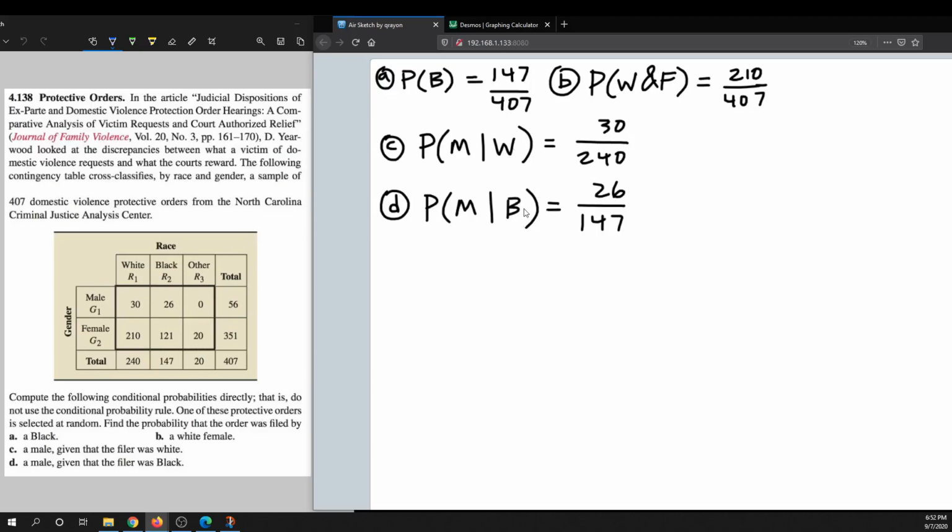Here we were calculating conditional probabilities, and so our sample space was pared down to this event right here: white, which was 240 in part C, and black, which was 147 in part D. And then the top number in each case was the number of males who are white, and in part D the number of males who are black. The number of people in the first event who are also in this second event as well. All right, and that is it on that one.